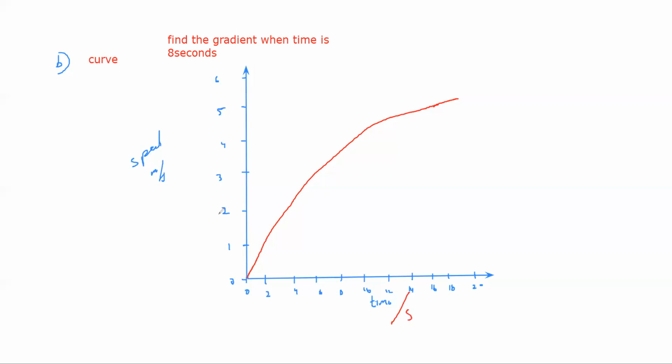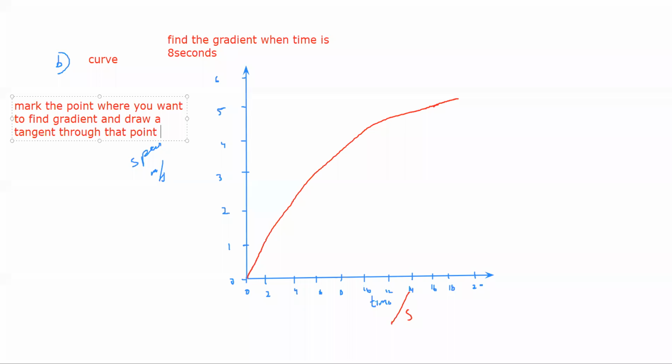So what you will do, first you will mark a point where the time is equal to 8. So the steps are: mark the point where you want to find the gradient, and draw a tangent through that point.